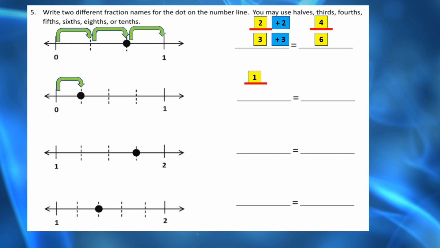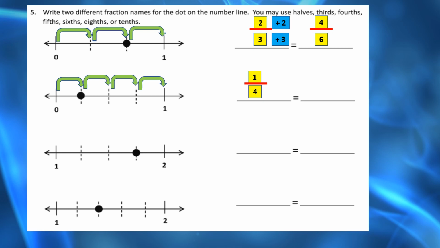So that's 1 jump, 2 jumps, 3 jumps, 4 jumps until I get to a whole number. So that means I'm counting by fourths, which means my denominator is a 4. My fraction represented by this model is 1/4.